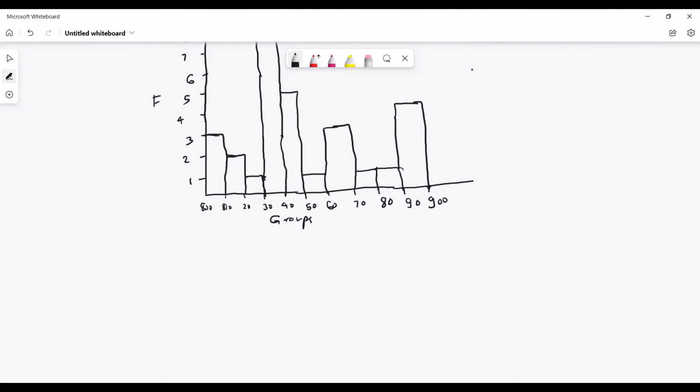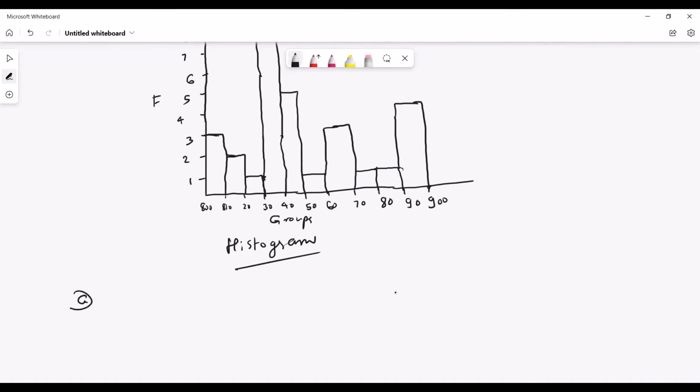So this way we have completed the histogram. This is the histogram based upon this data. Now we have to find some answers for some questions also. The first question is, which group has the maximum number of workers? The maximum number of workers we are having is in 830 to 840.